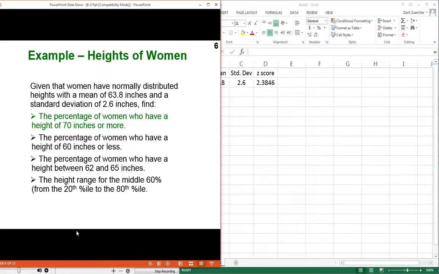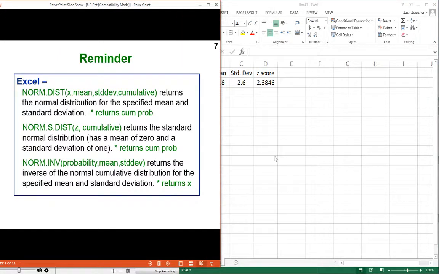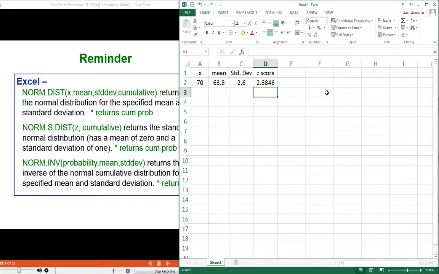If we go to the next slide, here's just a reminder of what the equations are that we can use. And for 70 inches or more, we can put in either our x, our mean, and our standard deviation using the norm dist function.